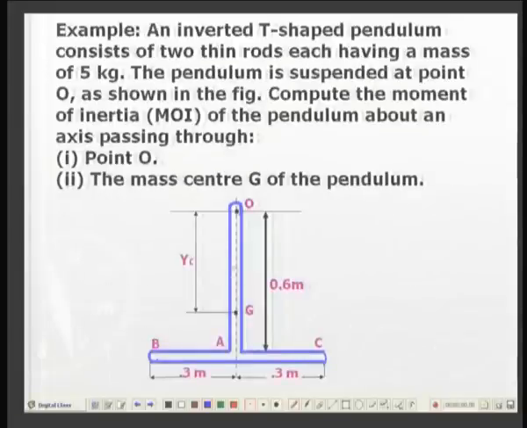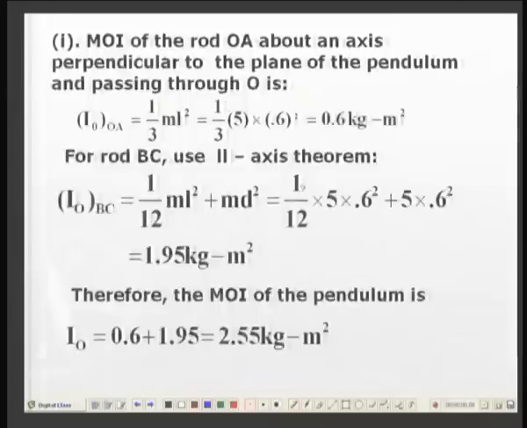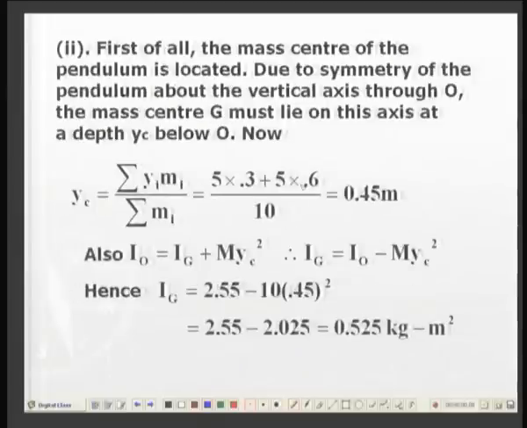The center of mass of the vertical part is at half the depth, 0.3, since the total depth is 0.6. The center of mass of the horizontal part is at the total depth, 0.6. So we have 5 into 0.3 plus 5 into 0.6 divided by the total mass 10. The location of G is 0.45 meters from the top.